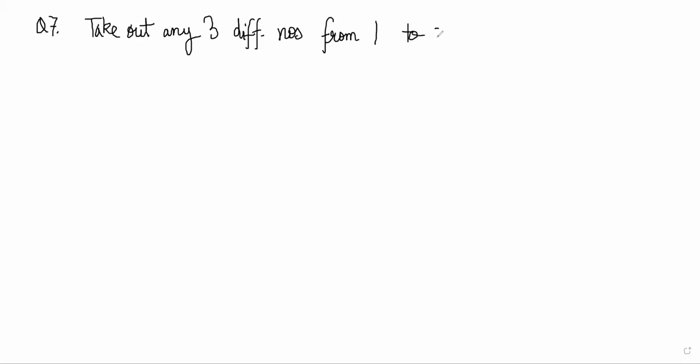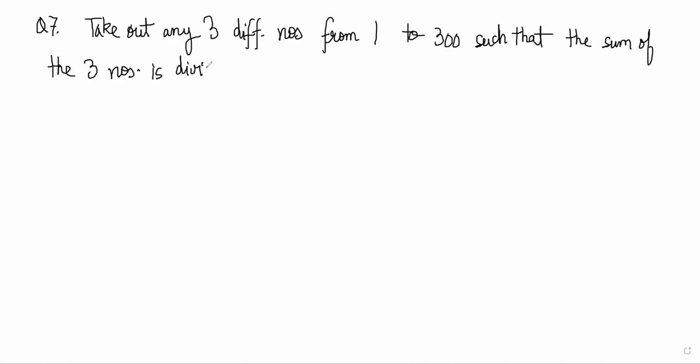One last question. Let's look at this one. We are saying take out any three different numbers from 1 to 300, such that the sum of the three numbers is divisible by 3.